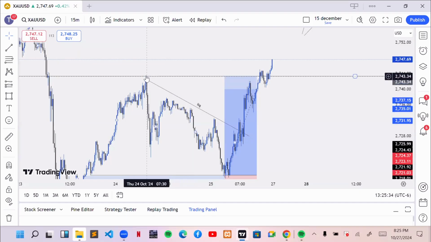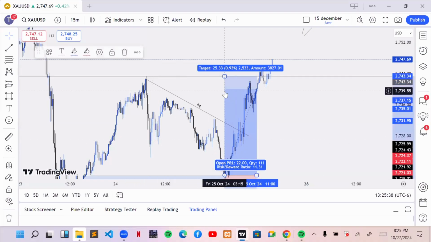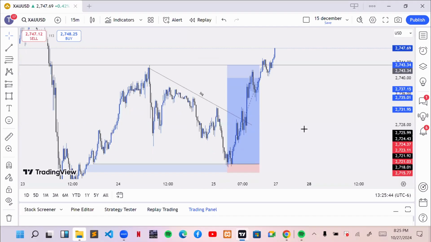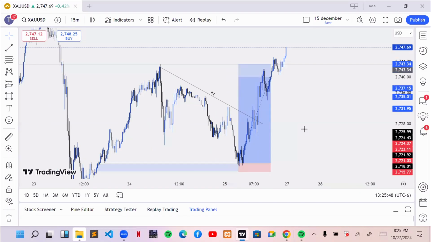From where it began, lower highs and lower lows, lower highs and lower lows. So there's trend line liquidity laying here. Once I've taken my trade, my take profit will target to clear that entire liquidity zone in the market.